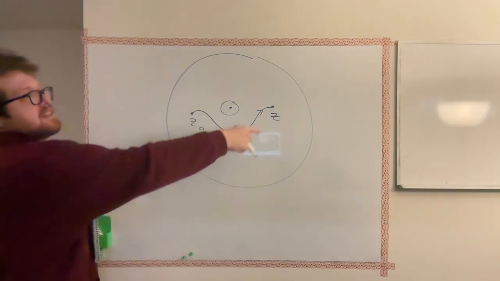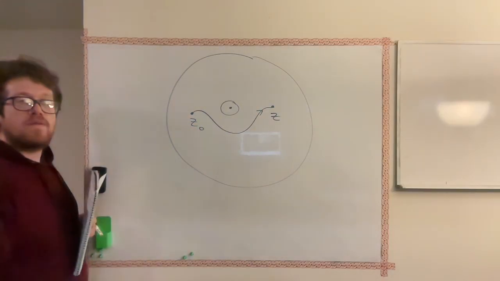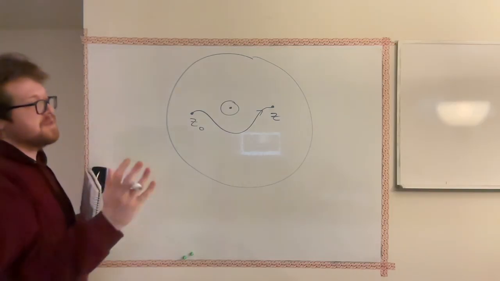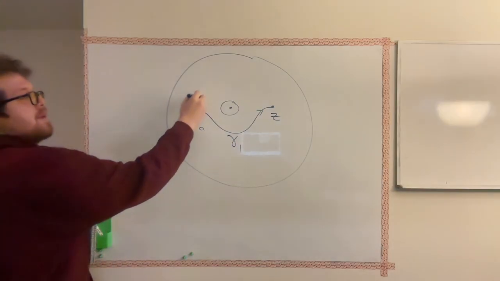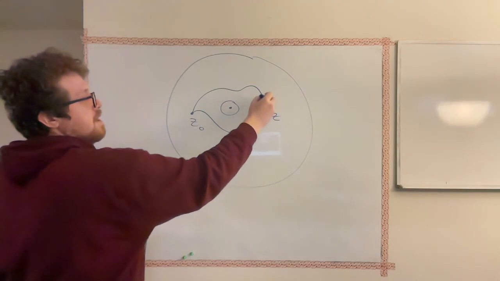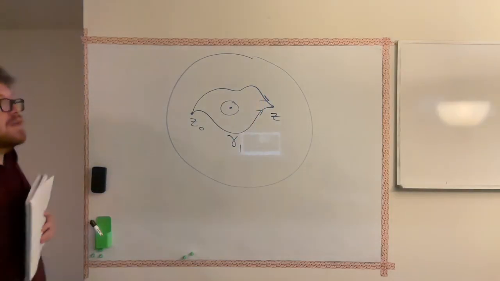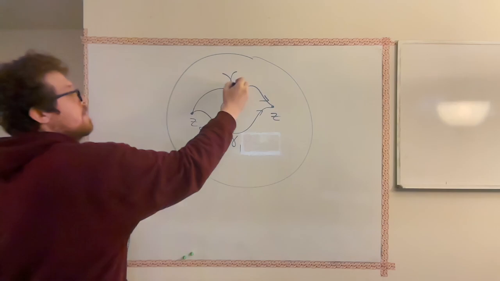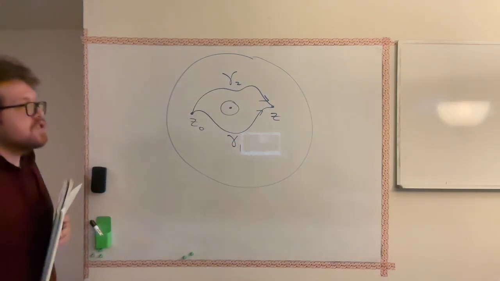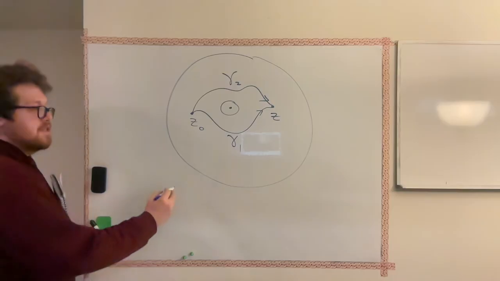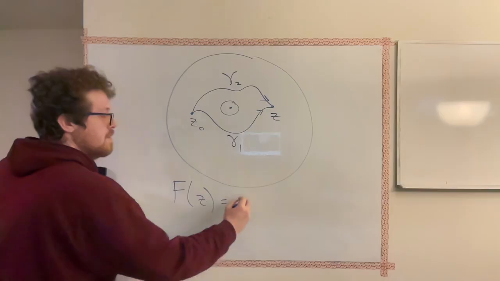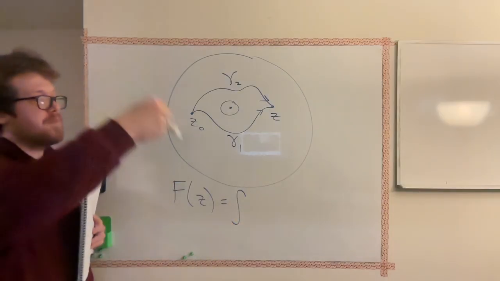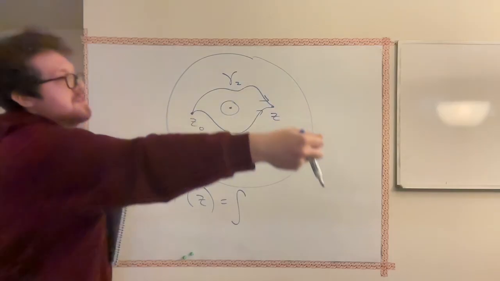But unless the set that you're integrating over is simply connected, there's actually a problem with this definition. So let's call this gamma 1, and let's say we possibly could integrate along a different path, and we'll call this gamma 2. We would like the antiderivative to just be defined as the integral, like in normal calculus where you pick some point and take the integral from that point to some other point.